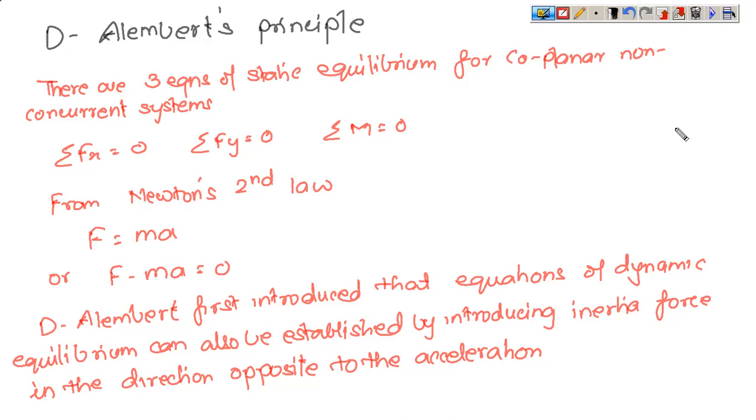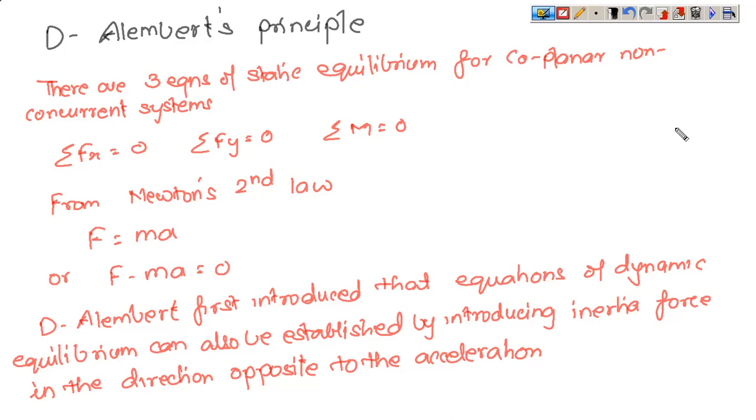Now coming to Newton's second law. Newton's second law says that force is equal to mass into acceleration. If we restate this, then F minus ma is equal to 0. D'Alembert was the first to introduce that these equations of dynamic equilibrium can also be established by introducing inertia force, because m into a is called your inertia force.